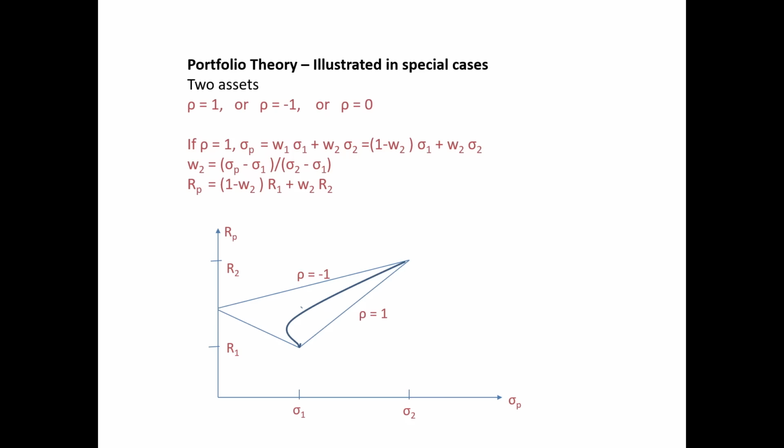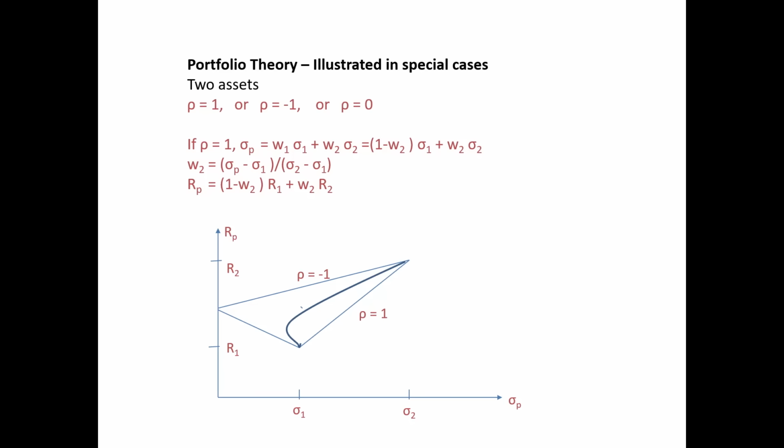So if rho equals 1, we can simplify: sigma p, the portfolio volatility, becomes the weighted sum of the two volatilities, W1 times sigma 1 plus W2 times sigma 2. Or you can also express W1 as 1 minus W2, right? Therefore, solving for W2 in terms of sigma p, sigma 1 and sigma 2.